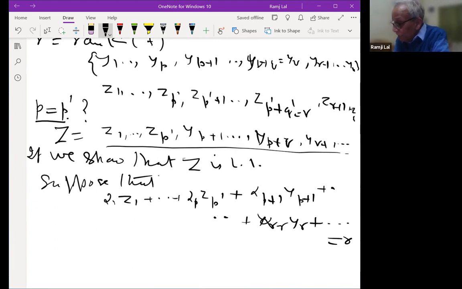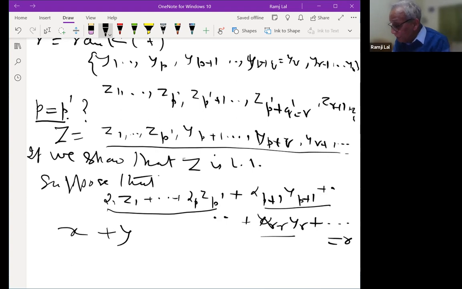Then we have to prove that each coefficient is 0. So I'm putting it like this. You take this element to be something, say x, and take this part after this up to this, let us take that to be y, and the rest you take to be z here. So this is x plus y plus z is equal to 0 here, right?